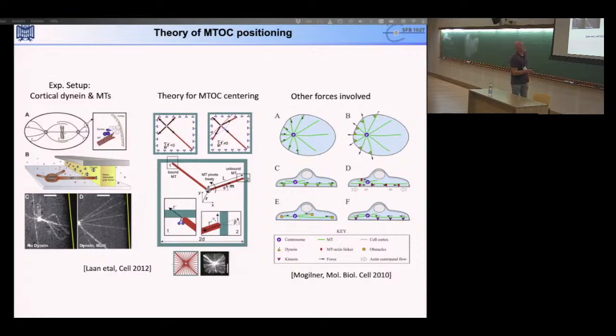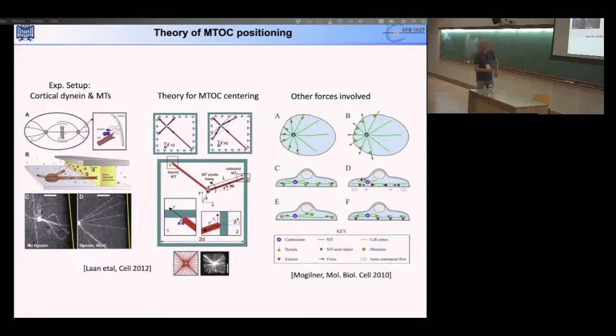Of course, it could also be that some dyneins catch the microtubule tangentially, in this way, and then pull in the same way, but the microtubule is then not necessarily depolymerized; rather, the microtubule slides along the cortex. So there are 2 mechanisms.